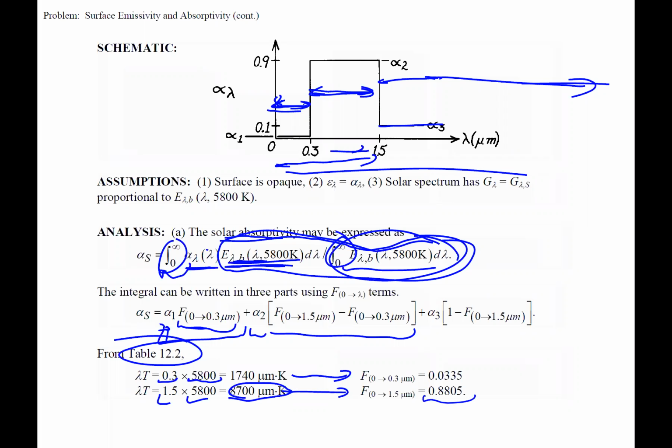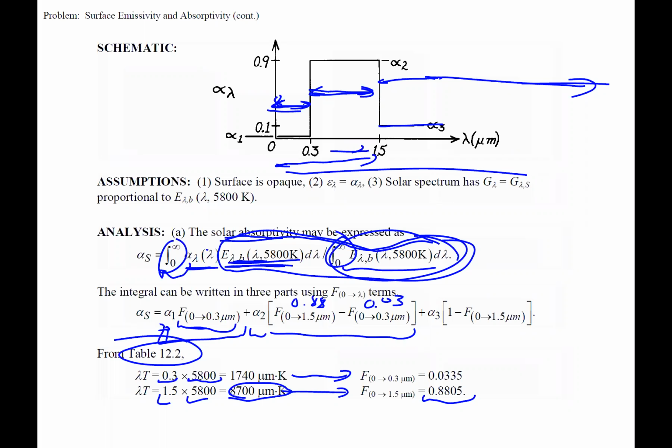We get about 88%, and we subtract off our 0.03, so about 85% of that irradiation coming from the sun is coming between those two wavelengths.